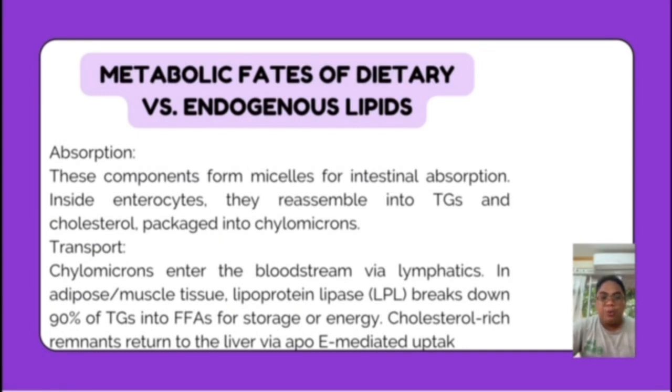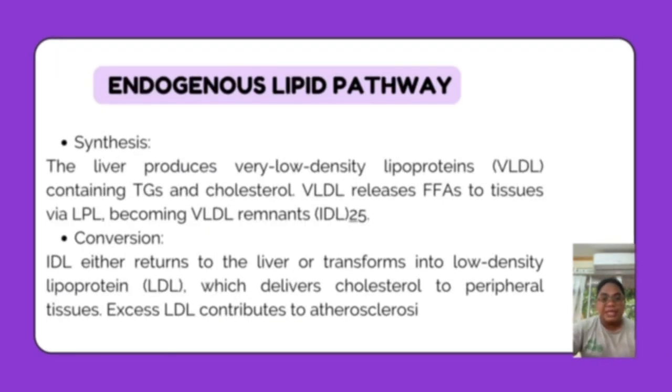And the next one, we need to tackle the endogenous lipid pathway. So what is the endogenous lipid pathway? In synthesis, the liver produces very low density lipoproteins or VLDL, containing TGs and cholesterol.